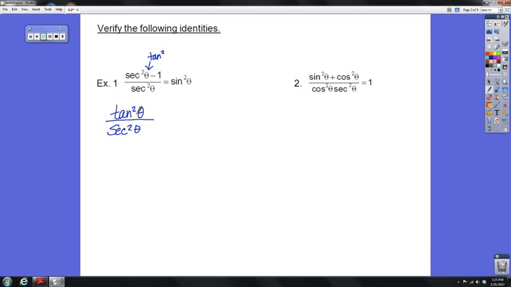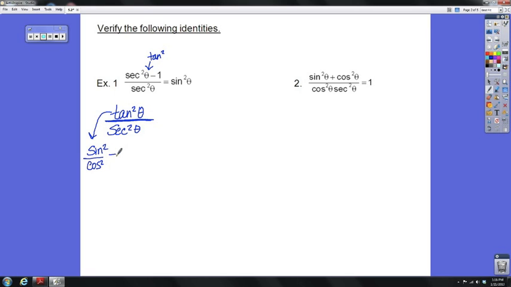Now, we also know that tangent squared, because one of the rules that we just looked at said convert to sines and cosines, is sine squared over cosine squared. So that may be helpful. We'll have to see. This fraction bar right here means to divide.